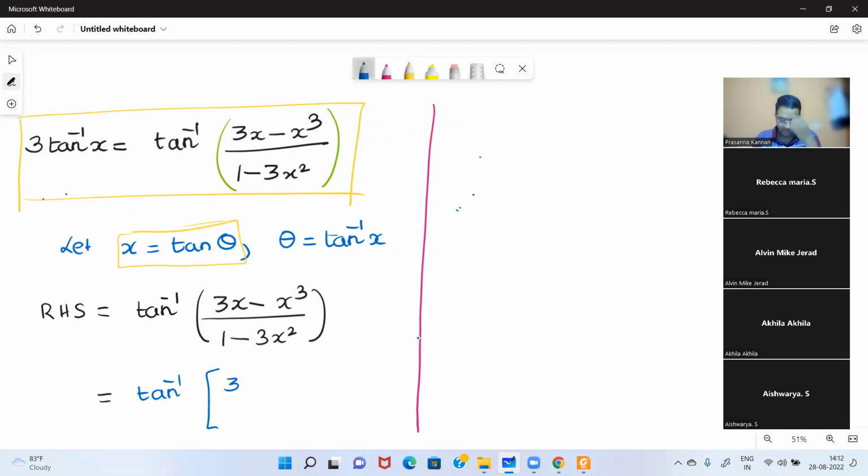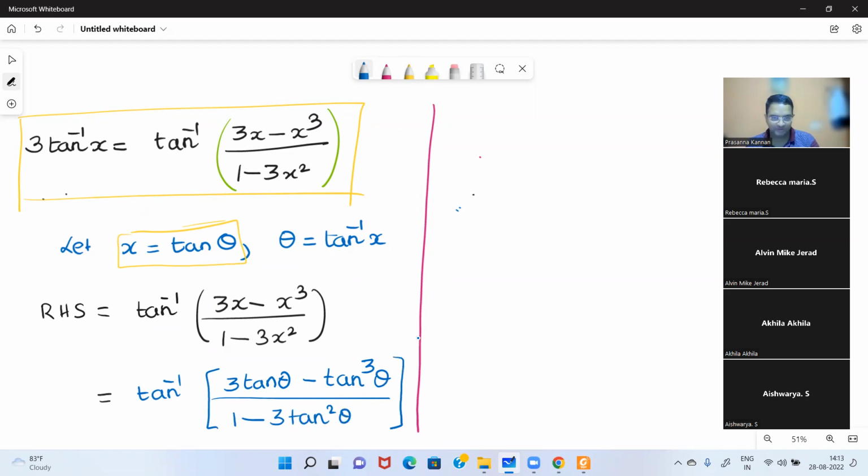Tan theta. Yes, so we'll substitute tan theta for x. X cube will be tan cube theta, right? So 3 tan theta minus tan cube theta by 1 minus 3 tan square theta.